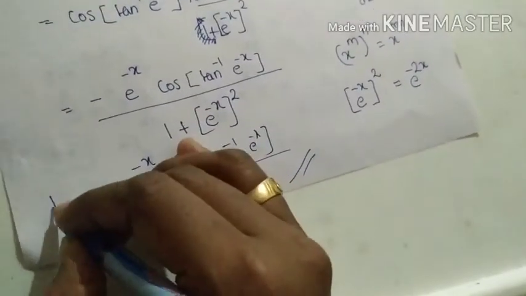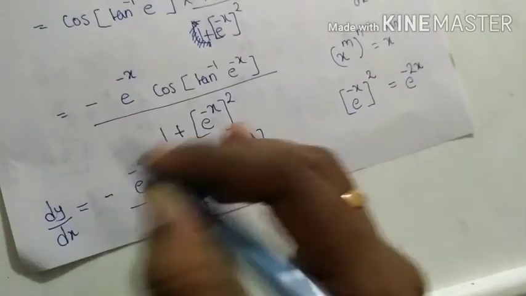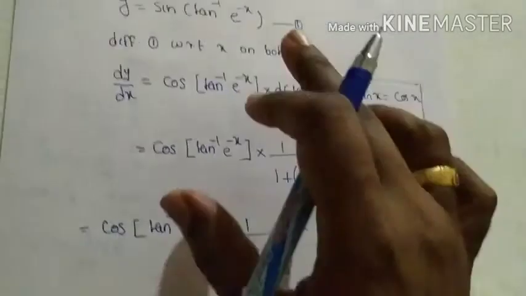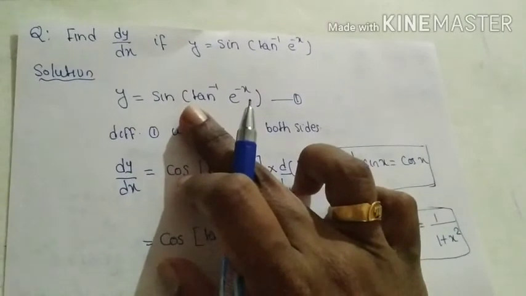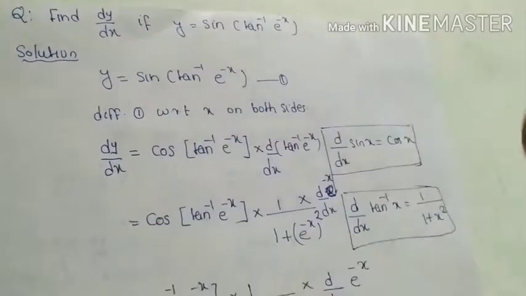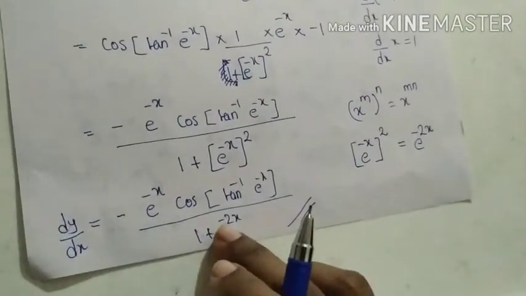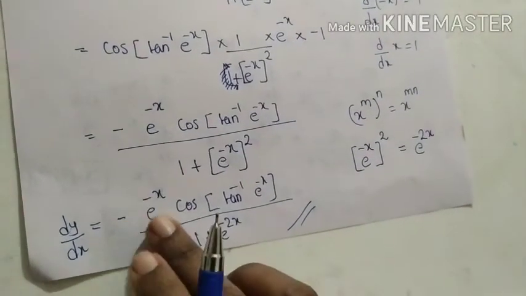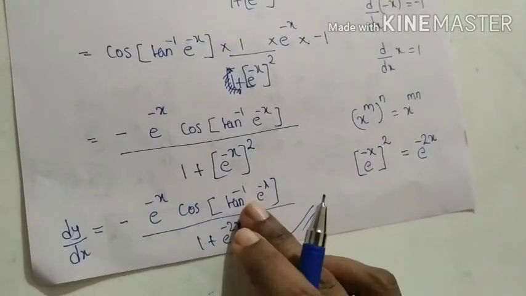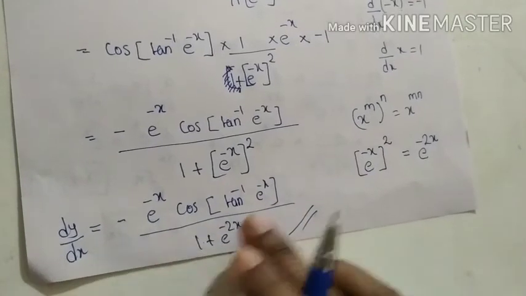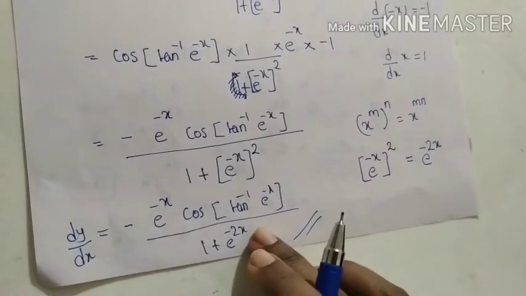So this is our derivative of sine of tan inverse of e raised to minus x. The final answer will be minus e raised to minus x into cos of tan inverse of e raised to minus x whole divided by 1 plus e raised to minus 2x.